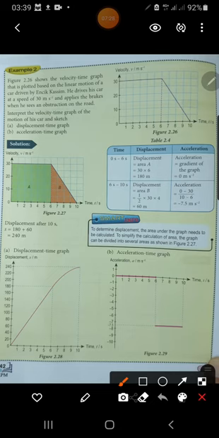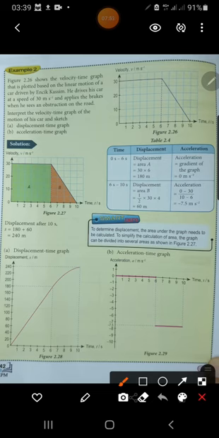Interpret the velocity time graph of the motion of his car and sketch a displacement time graph and an acceleration time graph. So this question gives you a velocity time graph, and it asks you to convert to a displacement time graph and an acceleration time graph.